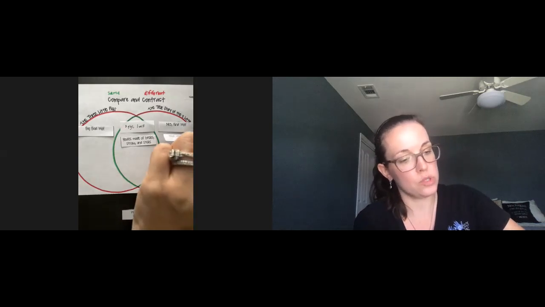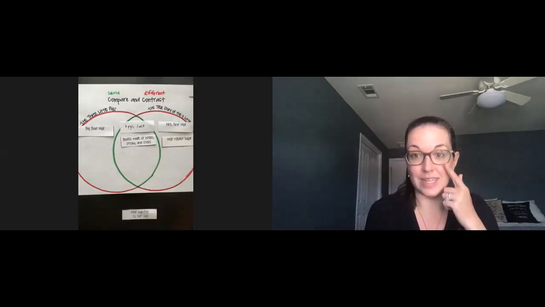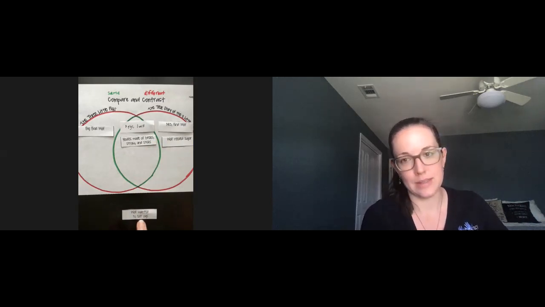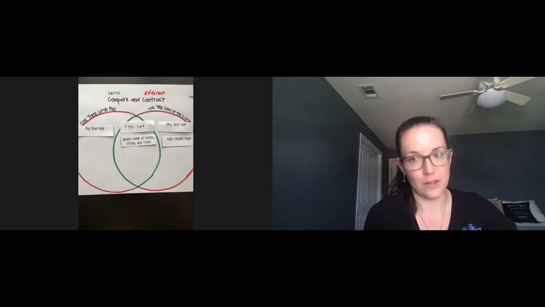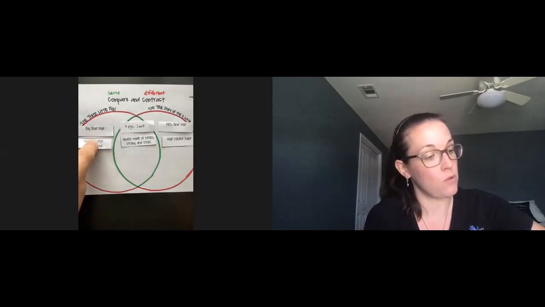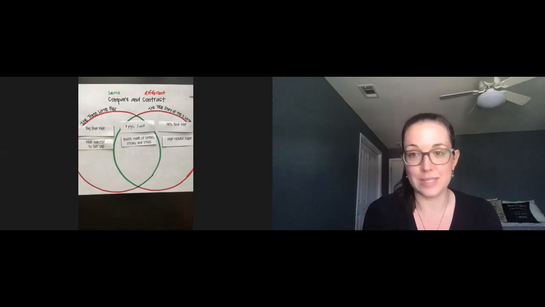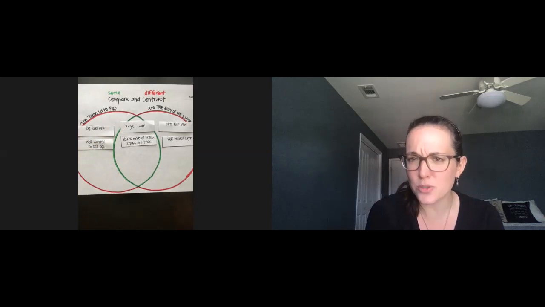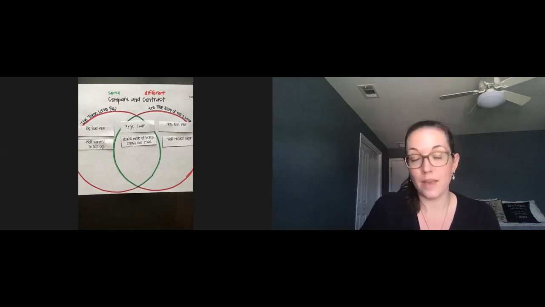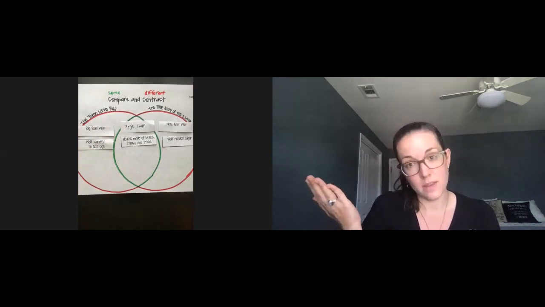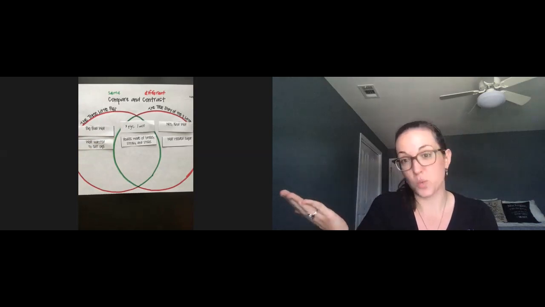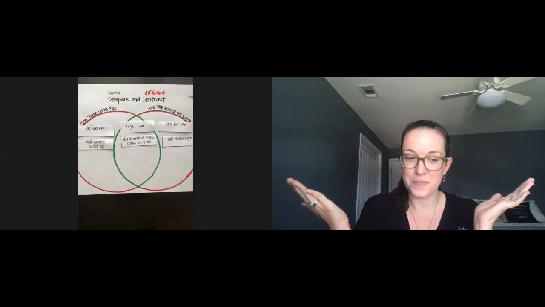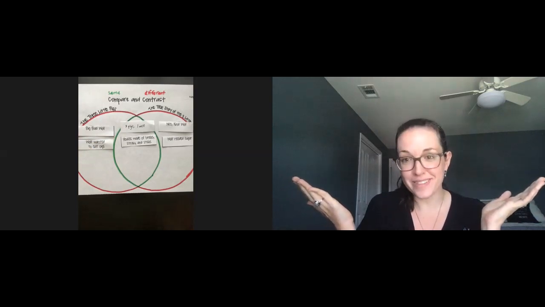Yep, the true story of the three little pigs. He needed some sugar, or that's what he says. And the wolf wanted to eat pigs goes in the three little pigs, because he was a big bad wolf. He just wanted to go out into the world and eat some pigs. That's what wolves do. Okay, so if I asked you, what's a way that the stories are different? You could say, well, in one story, the wolf just wanted to eat pigs. And in the other story, the wolf just needed some sugar.